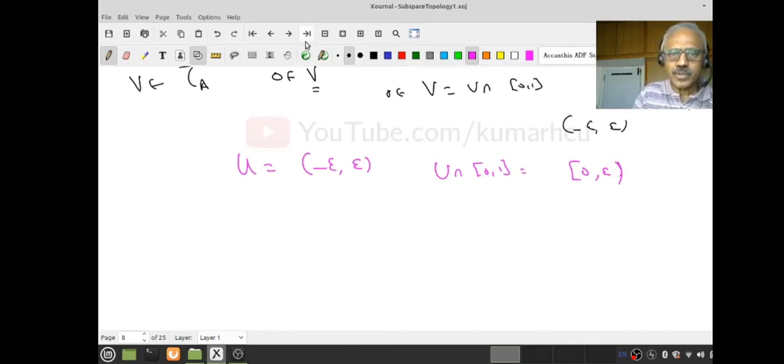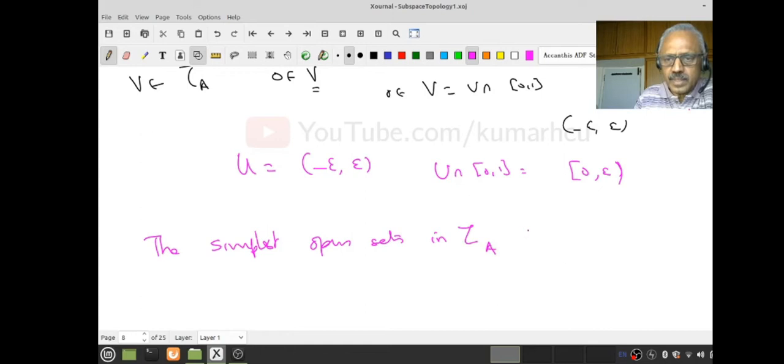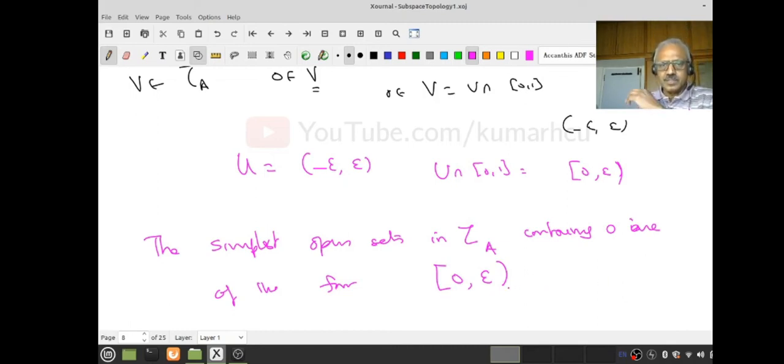Therefore, what is the conclusion? The simplest open sets in tau A containing 0 are of the form [0, epsilon), 0 closed, epsilon open. Now if epsilon is greater than 1, you will see it is the full interval [0, 1), the full space A. Do you understand?